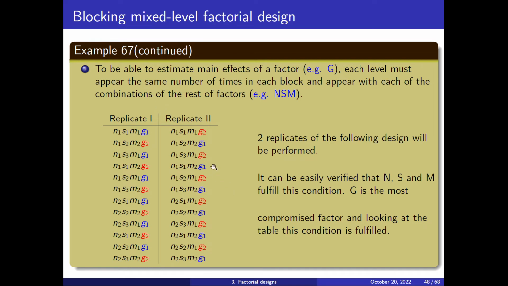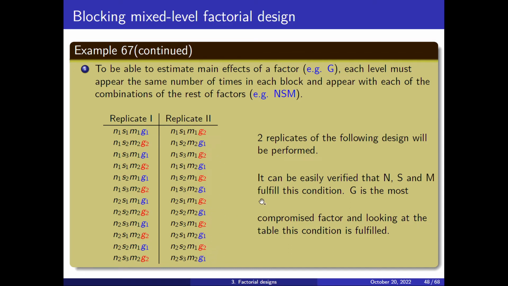Let's say that we have these 2 replicates. In these 2 replicates we have all combinations, so we will analyze whether G appears the same number of times in each one of the blocks. Here we have 2 blocks, so we count how many times G1 appears here, and it appears half of the times, and also in the second block it appears half of the times.